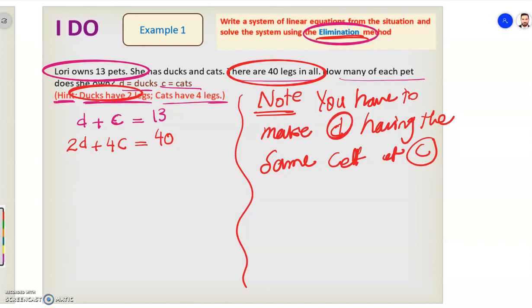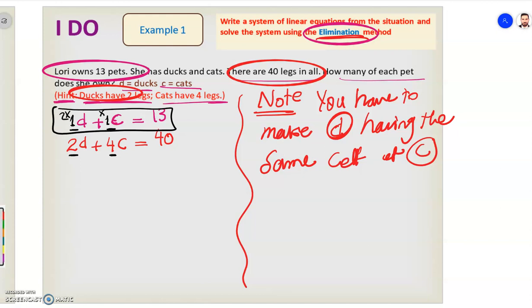So here I have 4 in C, and here I have 1C. Here I have 2D, and here I have 1D. You should understand that D means 1D, and C means 1C.